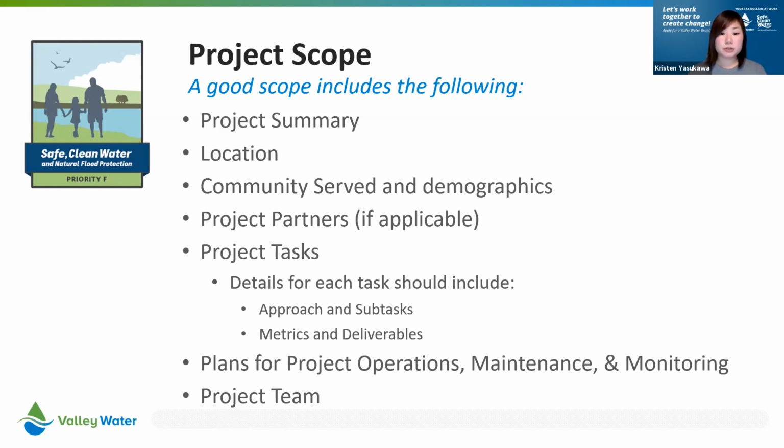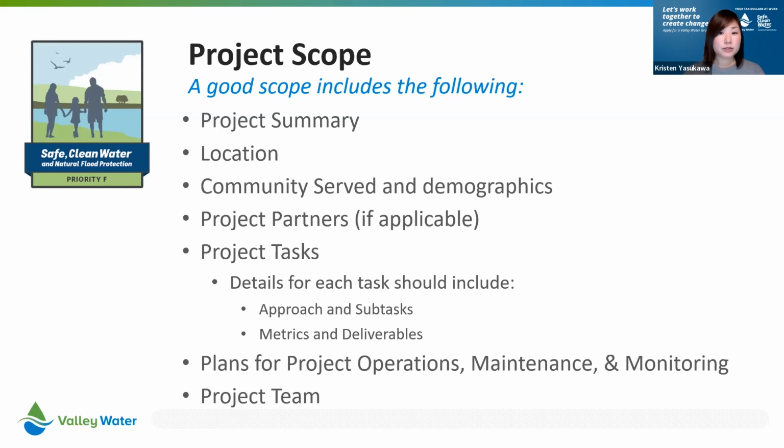And we do strongly encourage that everyone includes a project management or administration task in there as well. And that could be for putting together invoices and reporting, or doing any other administrative activities related to the other tasks.